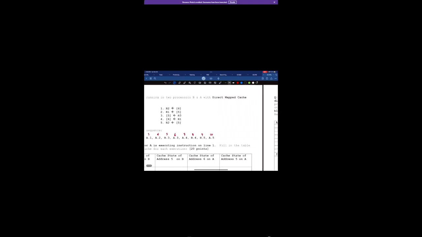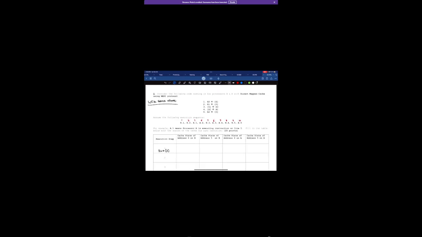As you can see, it doesn't specify, but on the exam, he'll tell you you gotta use write through allocate, write through do not allocate, or write back do not allocate and write back allocate. You get to choose your own. Write through allocate's the easiest to work with, so I recommend doing write through allocate because you won't have to worry about modified. You're just gonna have shared, exclusive, and invalid. So do write through allocate. That's the easiest. You'll only be giving yourself more work if you do any of the write backs.